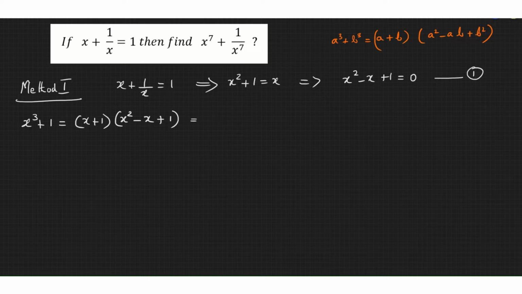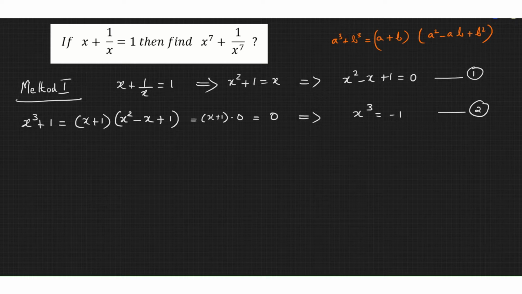But from the first result, you know that x squared minus x plus 1 is 0. So this is x plus 1 multiplied by 0, or you get the whole thing as 0. In other words, I'm getting x cubed equal to negative 1. Let's take this as result 2.